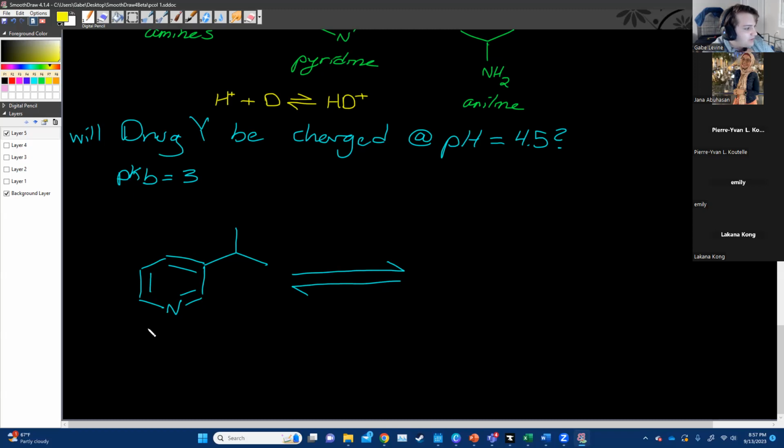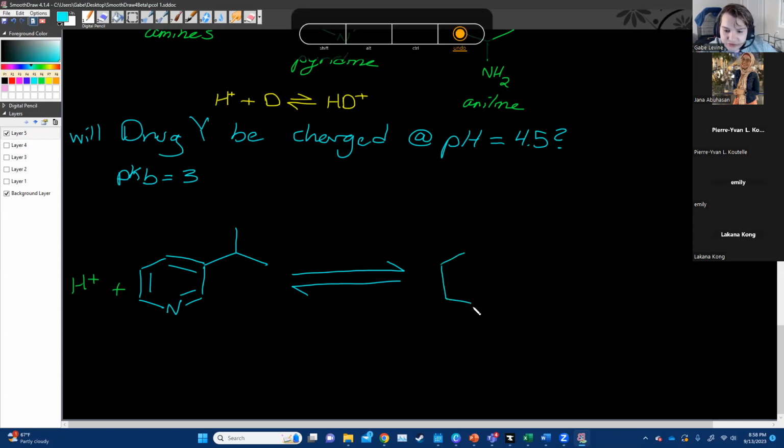No. So what we can add is the H plus. Now it's mimicking this left-hand side of the equation, and this H plus will get donated to the structure.